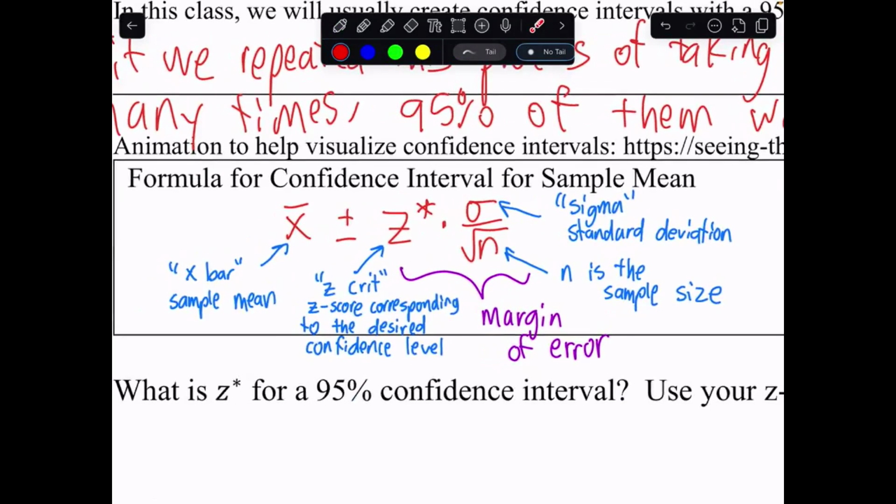Yeah, exactly. And we'll do some examples in a second, but you would start with your sample mean, and then from there you determine how far below and how far above it, that's the plus and the minus, that your confidence interval extends.